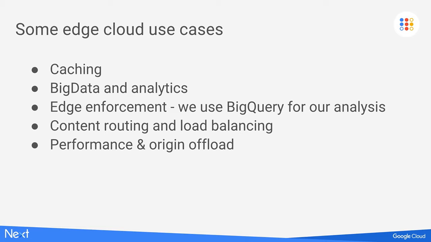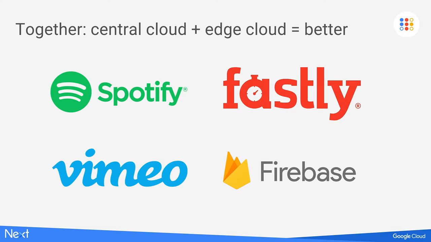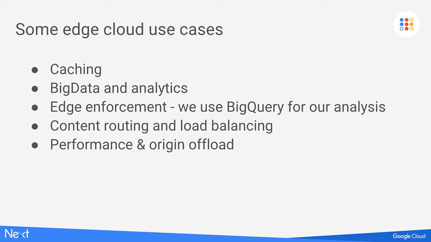So the use cases we're looking at, and we have some pretty amazing customers together. Spotify, Vimeo, and Firebase was earlier, are obviously around caching close to the user. But also on the big data analytics side, we integrate really well.